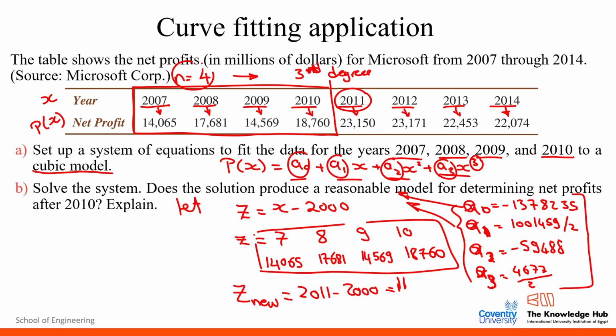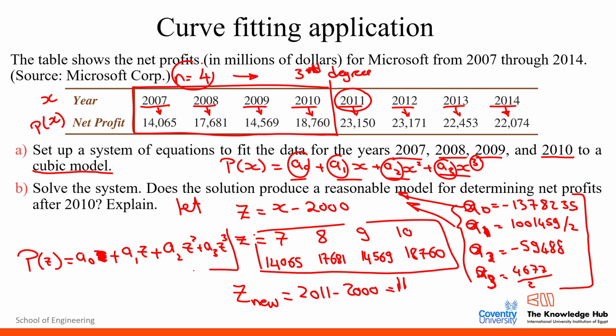So I'm gonna substitute with z as 11, then getting p of z. So the new equation would be p of z equal a naught plus a1 z plus a2 z squared plus a3 z power 3.